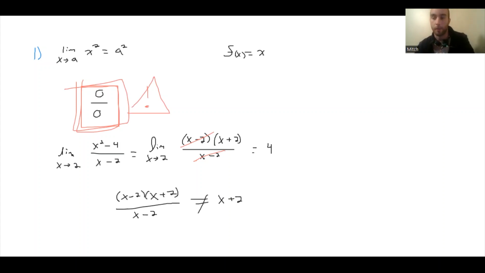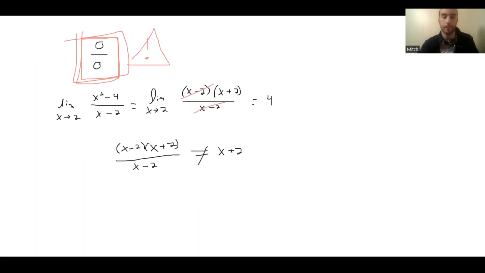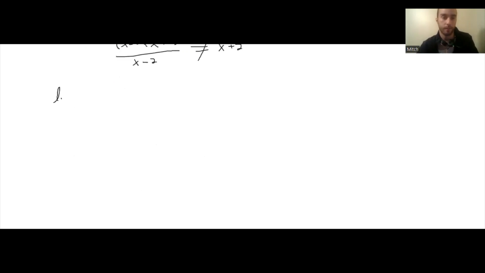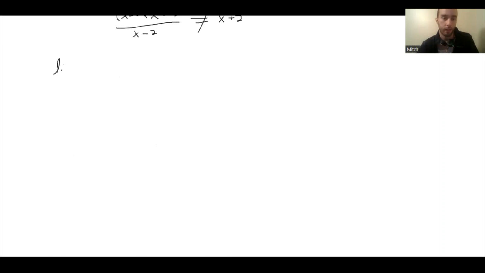Another really common method is rationalization. So if I have the limit of x approaching 5 of the square root of x minus 1, all that square root minus 2, and this is all divided by x minus 5.